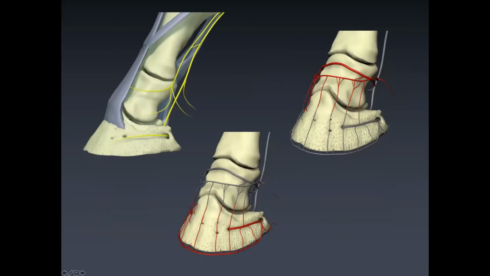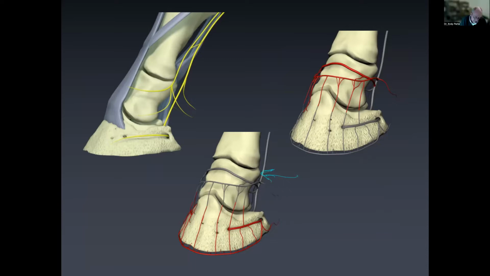So it's all held together, and it needs nutrition. It's a living structure. The nutrition and the waste product removal are through these palmar digital vessels. These are the palmar digital arteries, but there's a corresponding set of palmar digital veins.